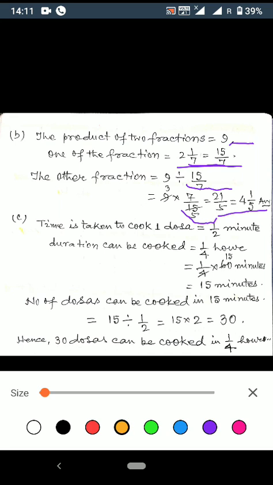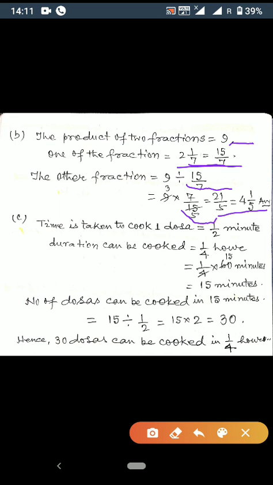Now question C. It takes 1 by 2 minutes to cook one dosa. How many dosas can be cooked in 1 by 4 hours? Time taken to cook one dosa equal to 1 by 2 minutes, that is half minutes. And duration equal to 1 by 4 hour. Converting 1 by 4 hour to minutes, you know that 1 hour equal to 60 minutes.